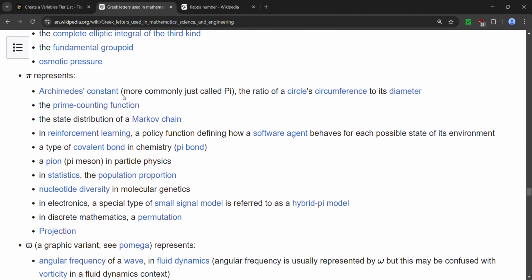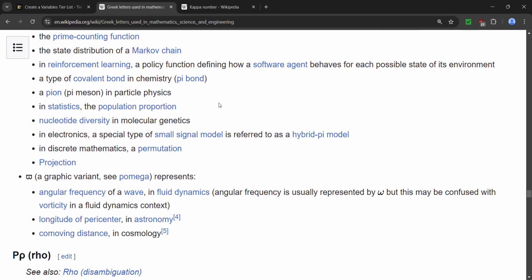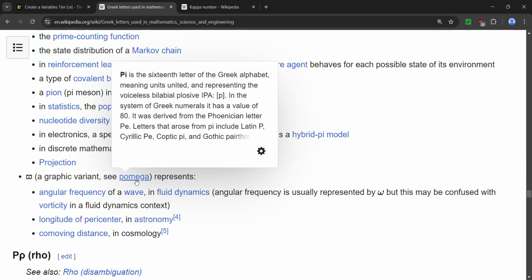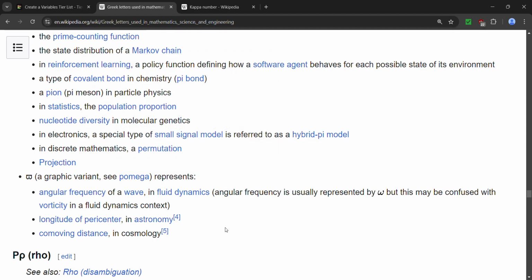Let's see what else it is. Pion, nucleotide diversity. Not gonna lie, these aren't that interesting. Oh, what is this? This looks like an omega with a line over it, or a B on its side. Oh, Pomega. That is funny. Angular frequency, longitude.